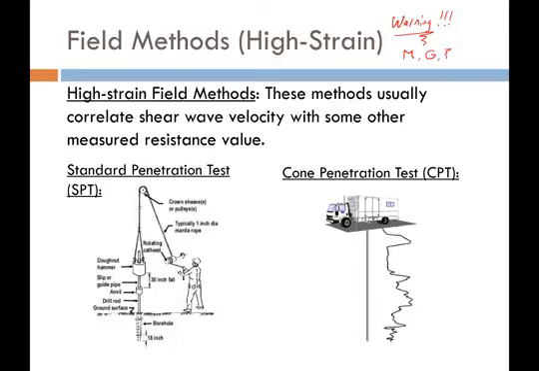But when we do high strain tests, we're not deforming the soil elastically. We're inducing large strains, plastic strains in the soil. So we're not directly measuring these dynamic properties in any way.